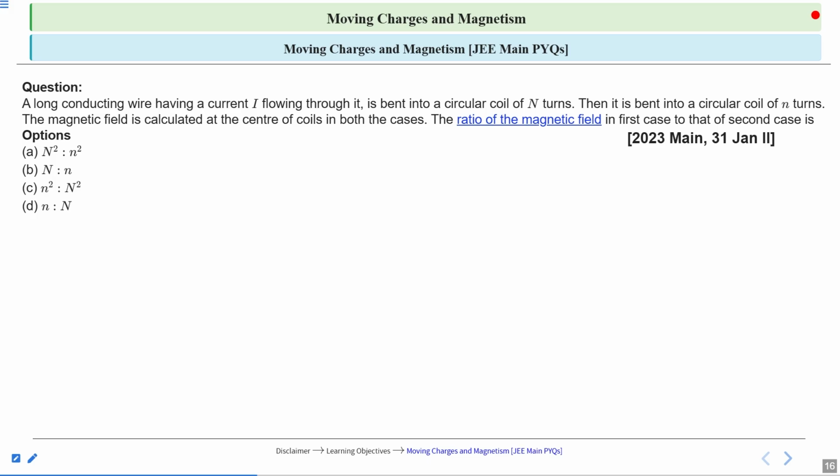The options are N square ratio small n square, capital N ratio small n square, ratio capital N square, or n ratio capital N. These are the four options. I will give you some time to think about it.